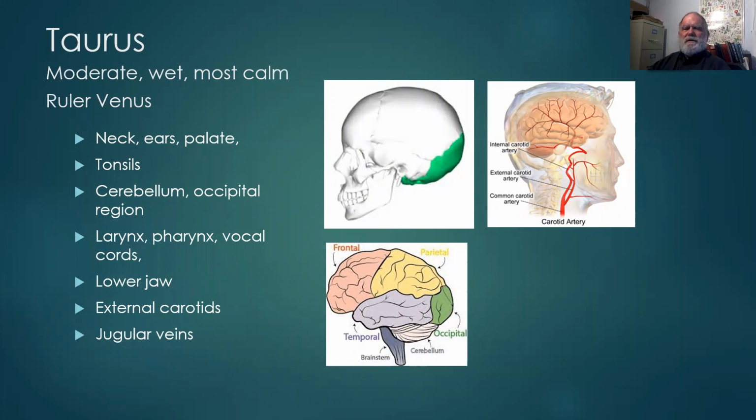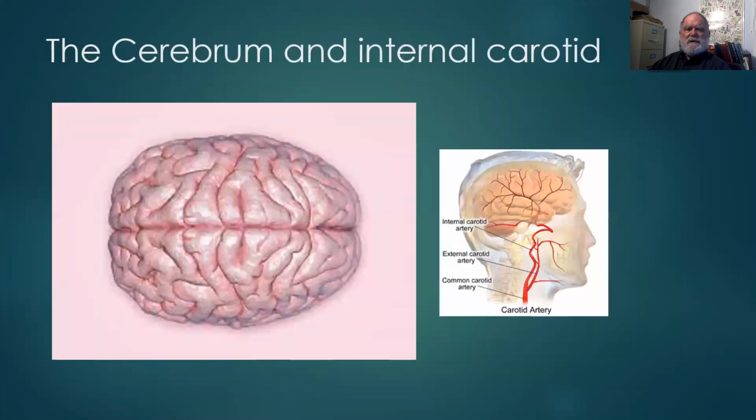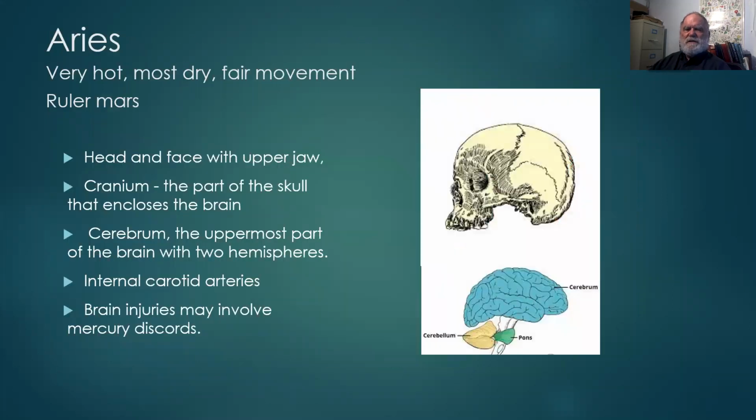The cerebrum is here at the top of the brain. It's the whole big cap on the brain. The cerebellum is this lower brain down here, right? I think it shows better on a previous slide here. You see here is the cerebrum, and the cerebellum is down below it. It's a different set of functions, much more deep instinctual functions in the cerebellum.